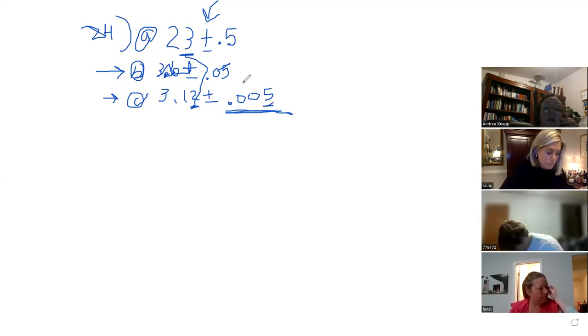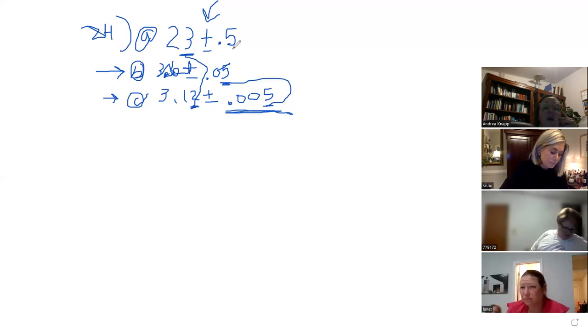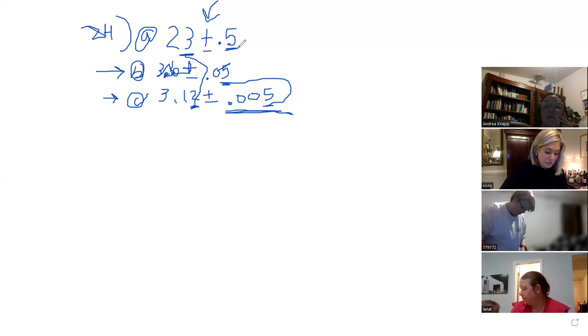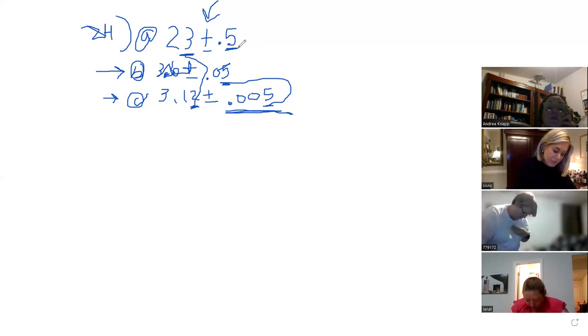Half of a tenth would be a 5 in the hundredths place. Half of a whole number would be a 5 in the tenths place. So really the unit of measure does not play into it here. No, it doesn't. They were just trying to trick us.